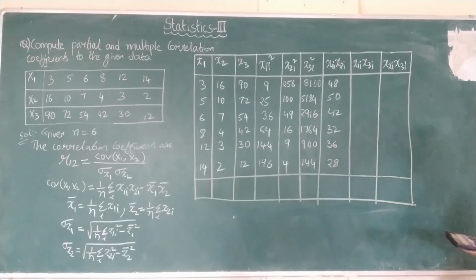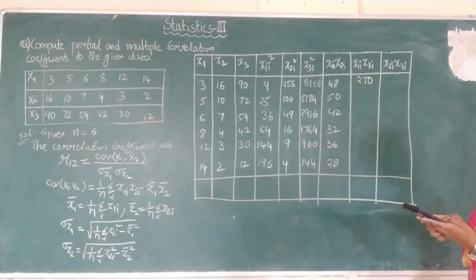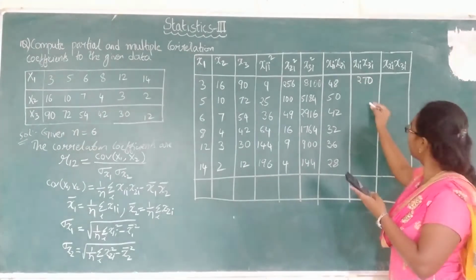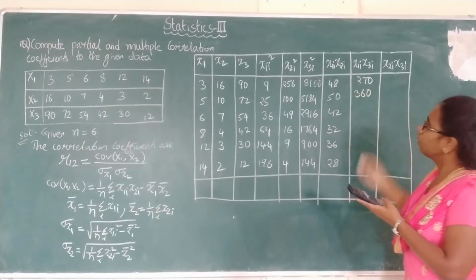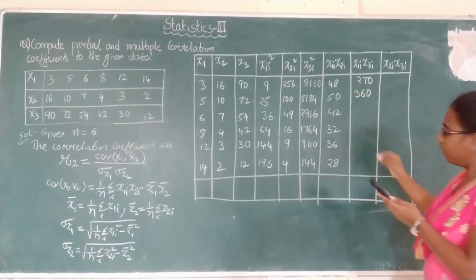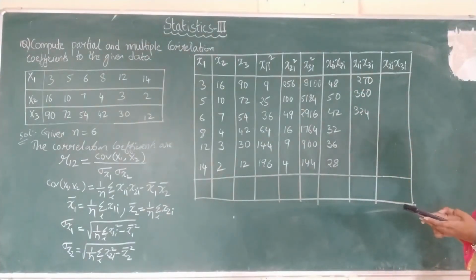Now x1 into x3, that is 90 into 3, 9 3s are 27, so 270. Next 72 into 5, 360. Next 54 into 6, 324. So you all keep doing the problem along with me.